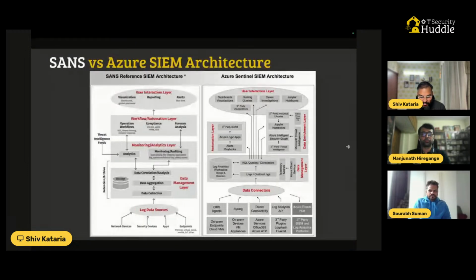So this is just the architecture, like how Azure Sentinel looks, or a reference SIEM architecture if you are deploying on the ground. Both are similar. The only thing is that the complete infrastructure is in a data center on the cloud. The cloud is nothing special, it's just on Earth.